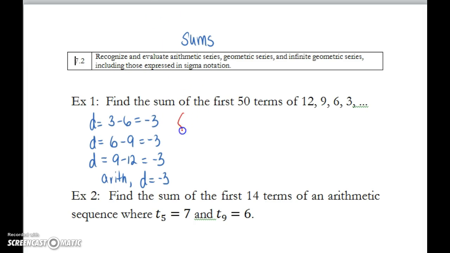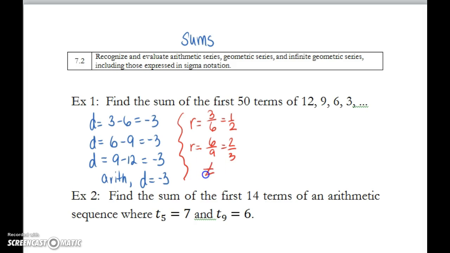Suppose you thought it was geometric. You could determine for sure by taking any number and dividing by the number in front of it. We call that our common ratio, r. If you took the ratio of a term to its previous term, for example 3 to 6, we get 1/2, but if we do 6 to 9, we get 2/3.